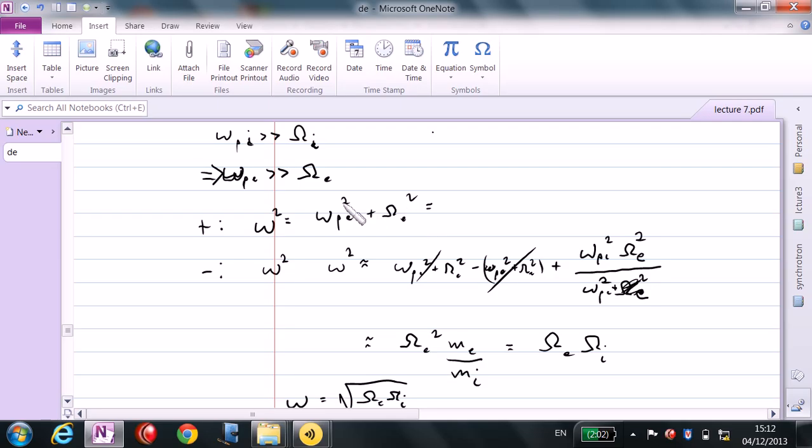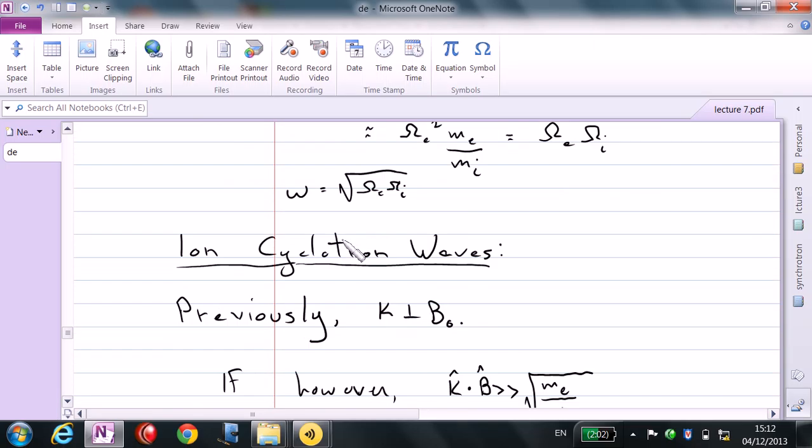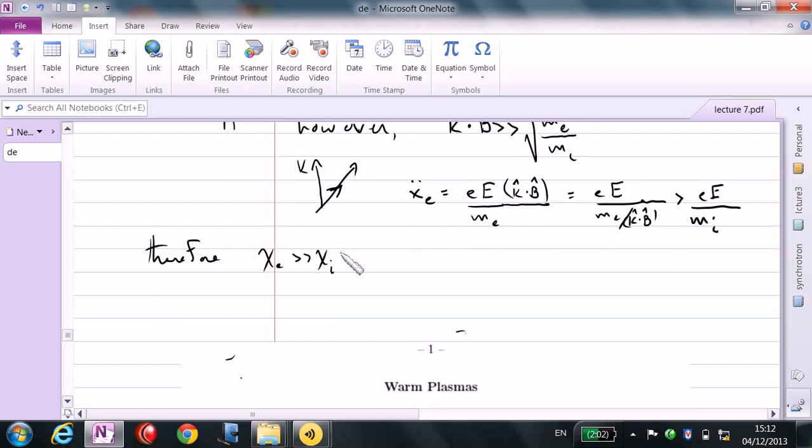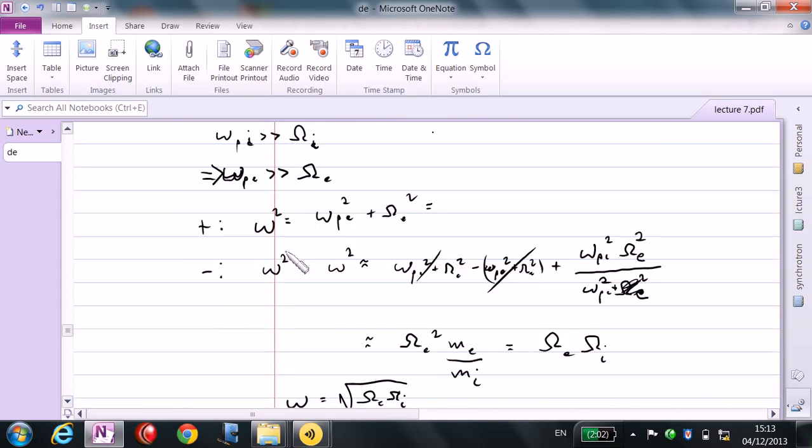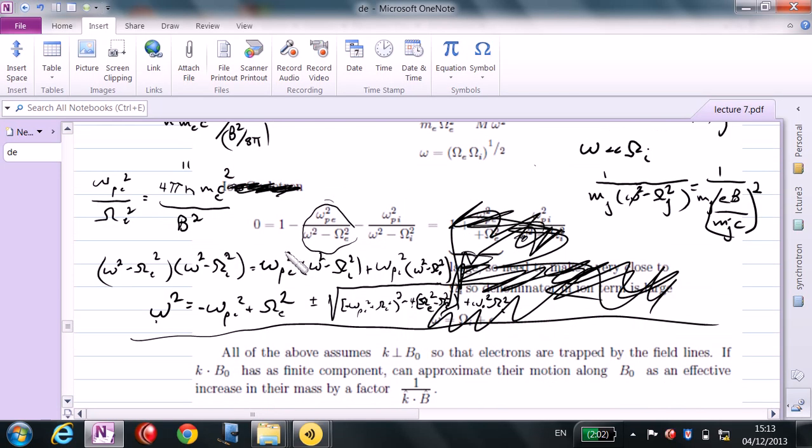Okay, well, I'm glad we got that straight. And it turns out what I said was right. I just forgot to say that the electron polarization, as I wrote it here, is not the correct expression when you have a slight obliquity between the k vector and the magnetic field.